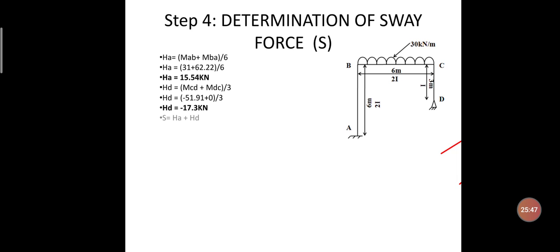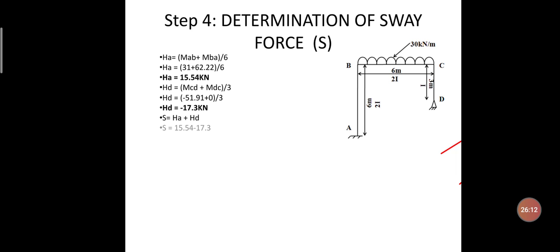So next I need to calculate the overall force which is used to prevent the sway. That is nothing but S. So S is the summation of HA plus HD.